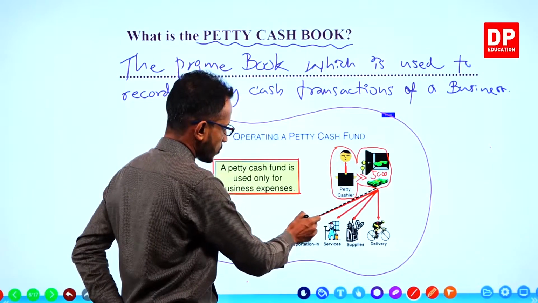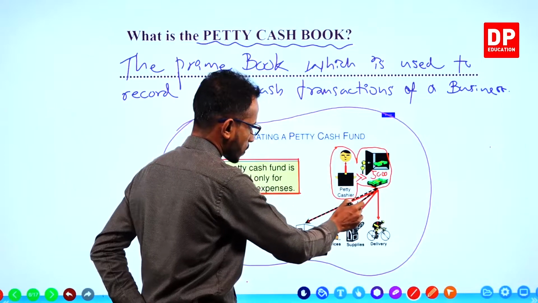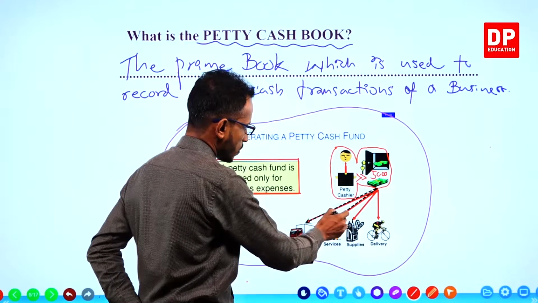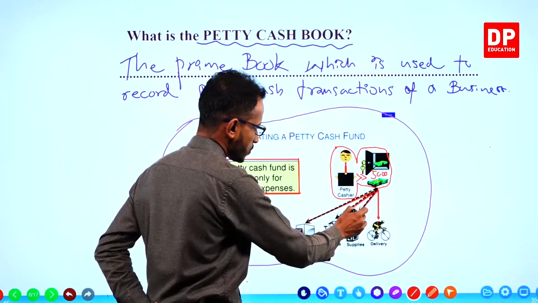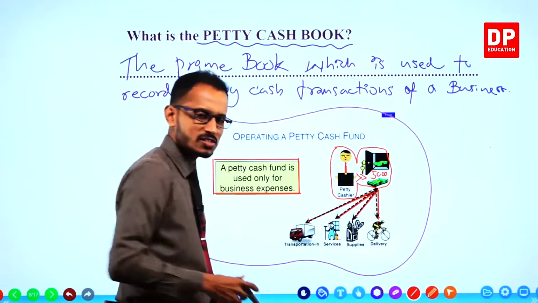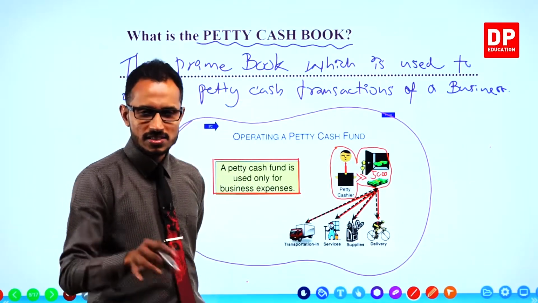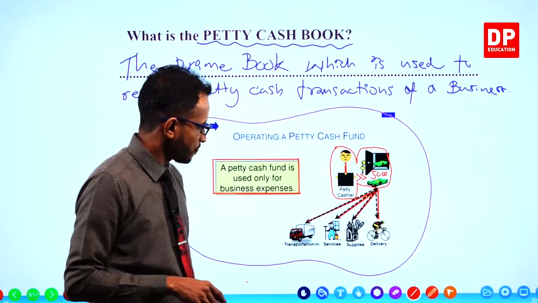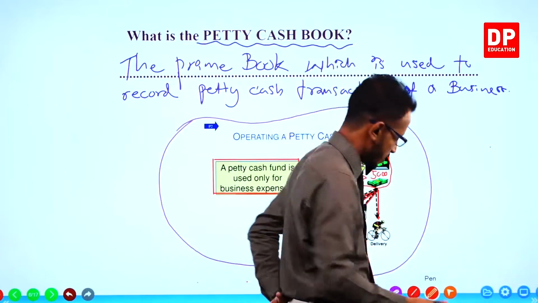For transportation, for services such as for these masons, plumbers, and so on, small work is done by these laborers. For them, this petty cashier spends as needed.